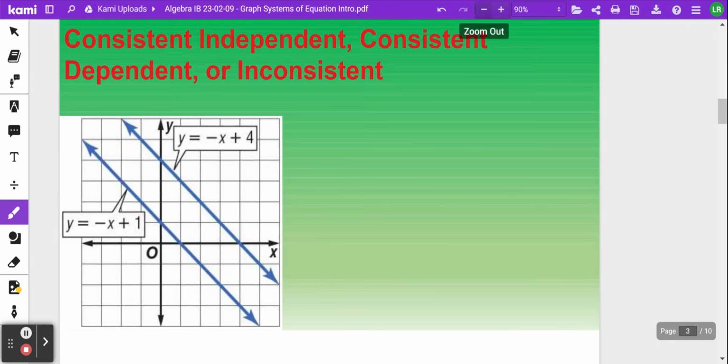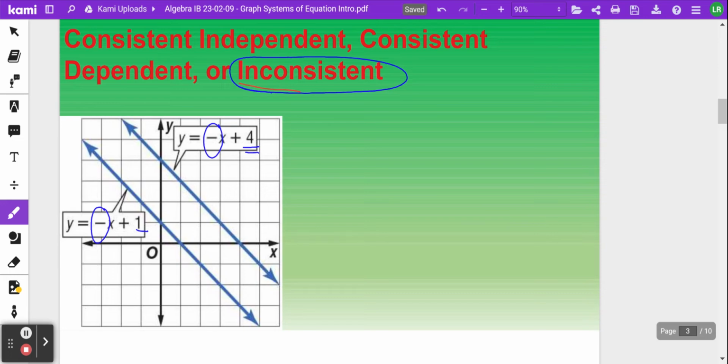For this first one, we have two parallel lines. This would be considered inconsistent. They do not touch. Now, I want you to notice something about these. The slopes are the same, but the y-intercepts are different.